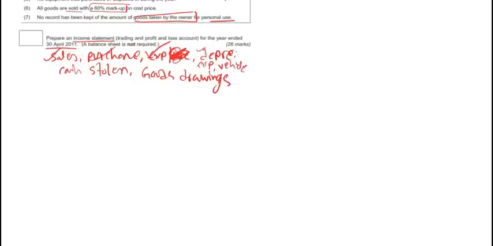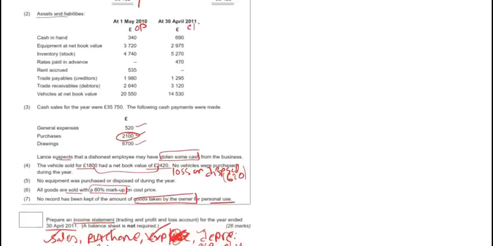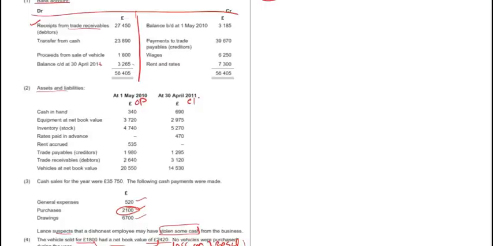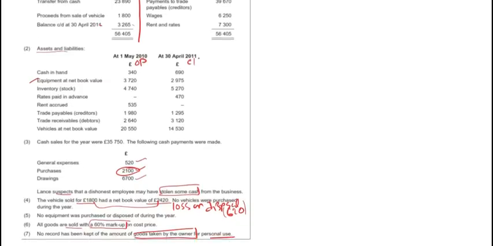Let's look for depreciation. Okay, there are two items of assets. We'll start with equipment. So W number 4, depreciation of equipment. Now, equipment opening and closing net book value given, and at the bottom they told us no equipment was purchased or sold during the year.